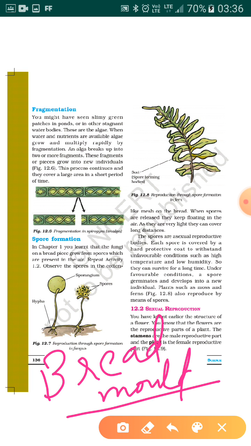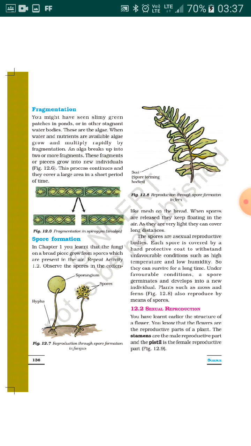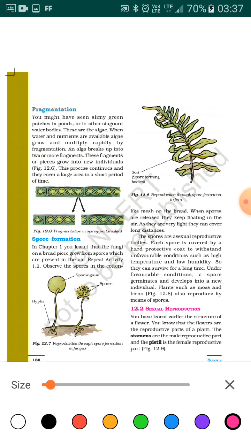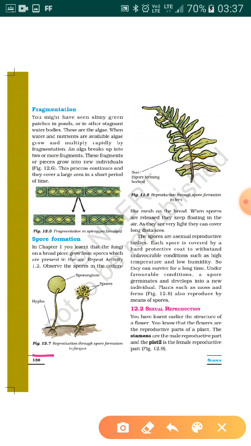If you keep one piece of bread, sprinkle some water over it, and keep it in a dark place, after a few days you will find some cottony white patches over the bread. If you make a slide out of it, or simply watch it under a hand lens, you will find such structures as shown here in figure 12.7, reproduction through spore formation.